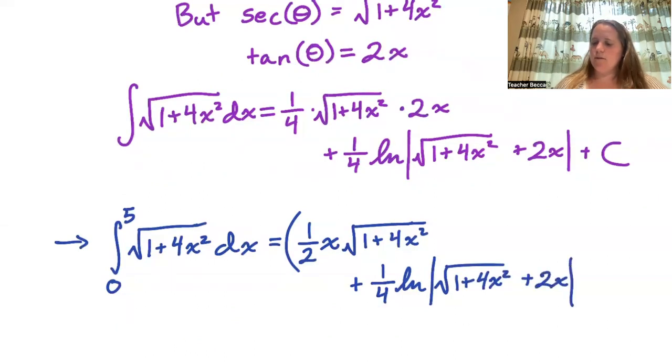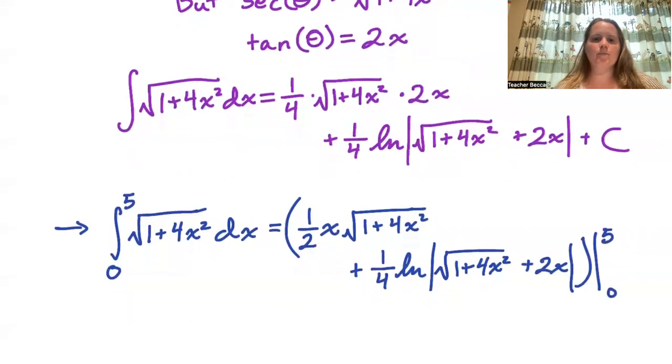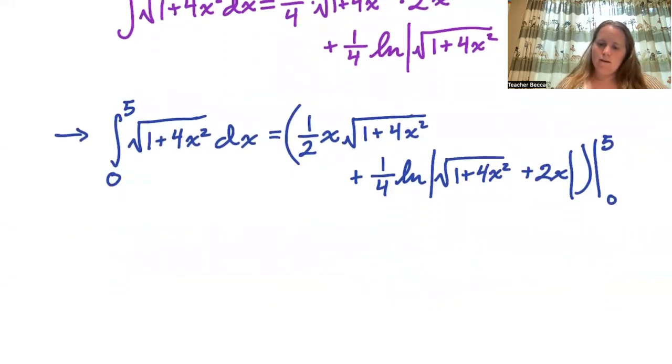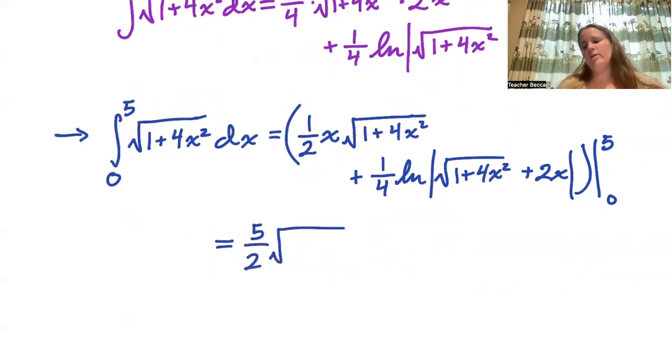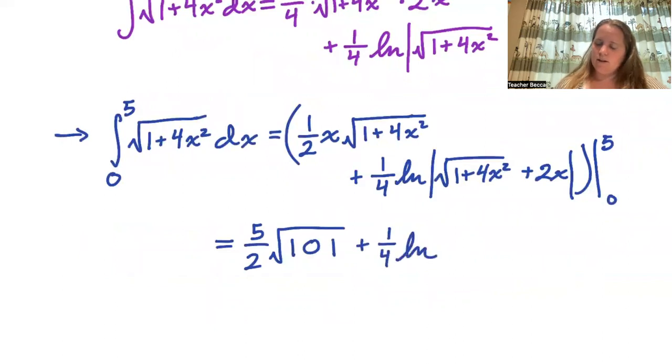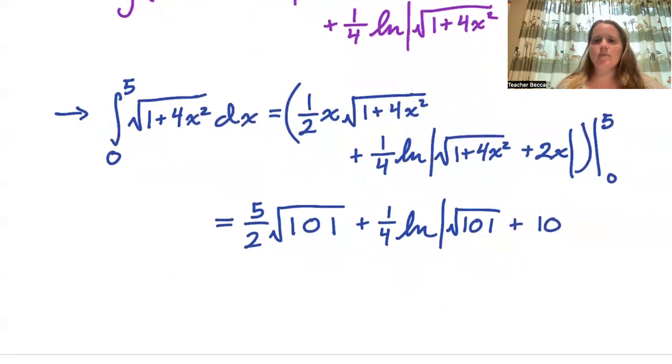We are evaluating at 0 and 5. So plugging in 5 first, we have 5/2 times the square root of 1 plus 4 times 5 squared, which is 101. Then we have plus 1/4 times the natural log of the absolute value of the square root of 101 plus 2 times 5, which is 10.